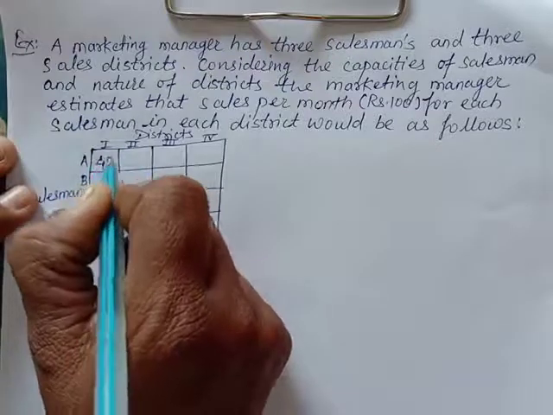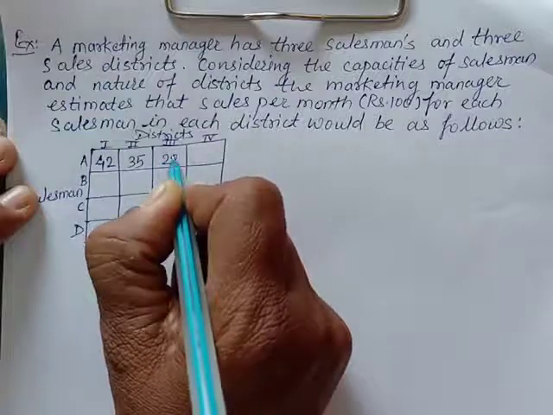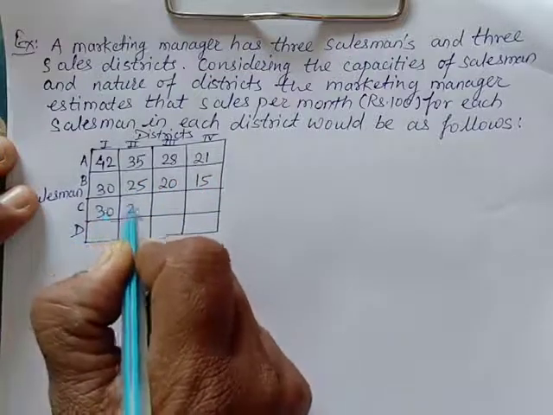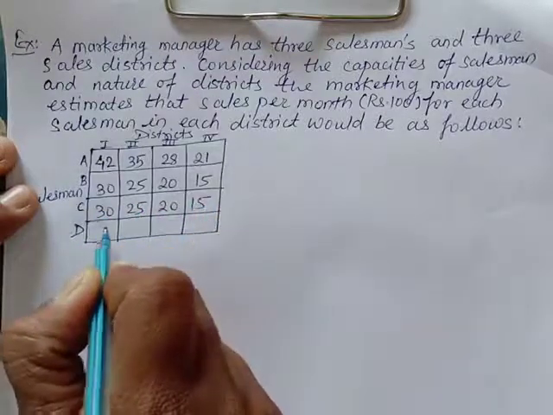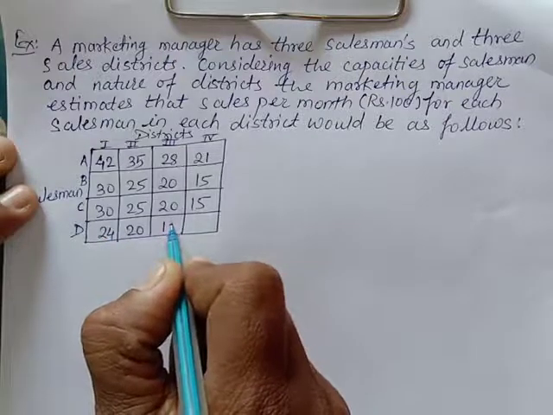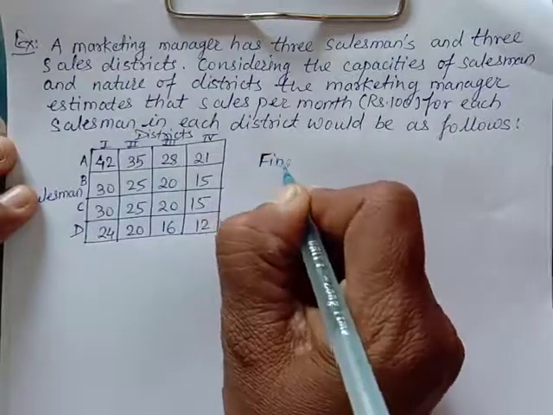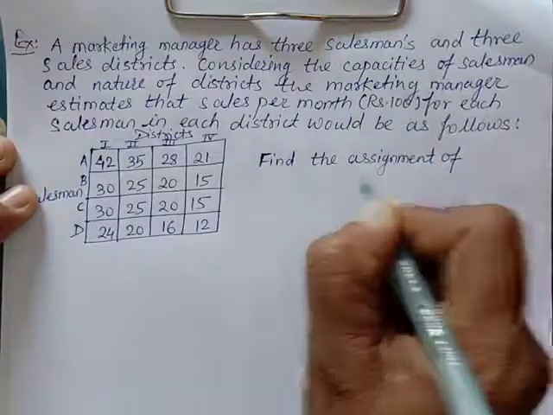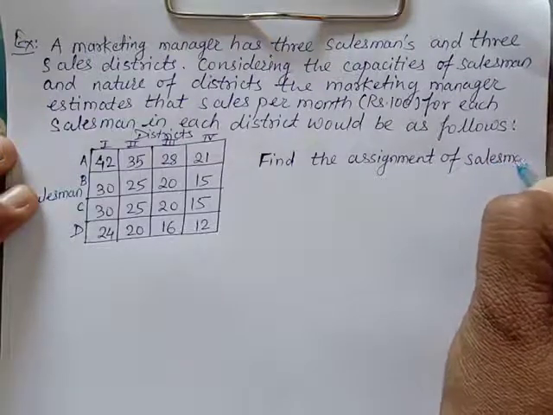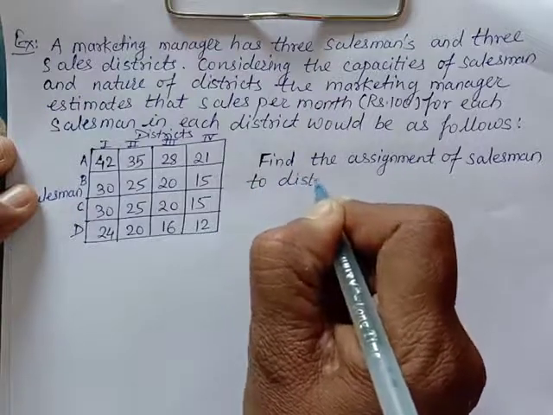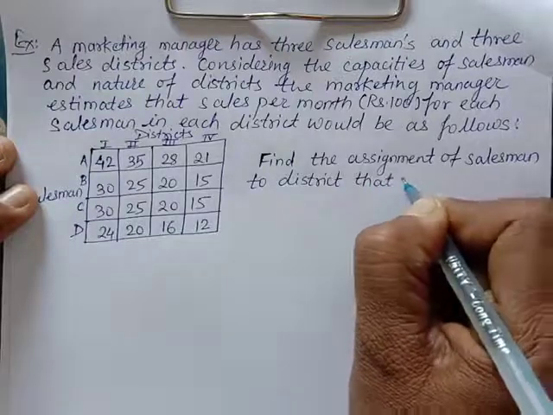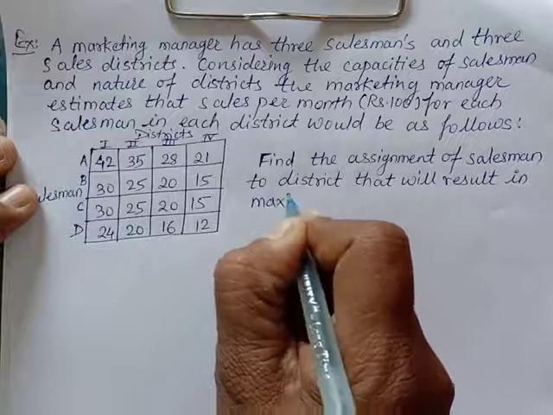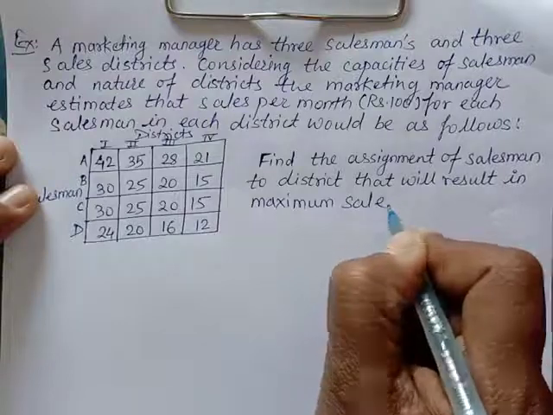The costs are 42, 35, 28, 21, 30, 25, 20, 15, 30, 25, 20, 15, and 24, 20, 16 and 12, this is in 100. Now the question is: find the assignment of salesmen to districts that will result in maximum sales.